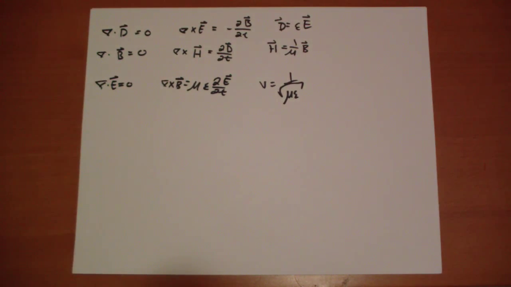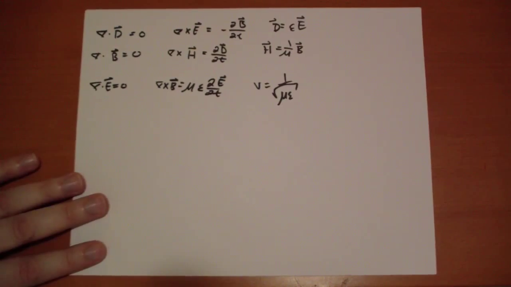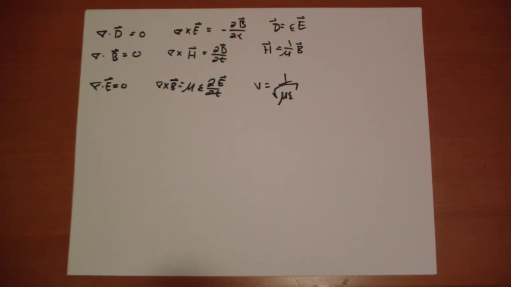This interesting, curious result leads us to conclude that the speed of light is slower in linear and homogeneous media. That means that it doesn't change its mu or epsilon as you move to different parts of the material. So in linear media, the speed of light is substantially slower.